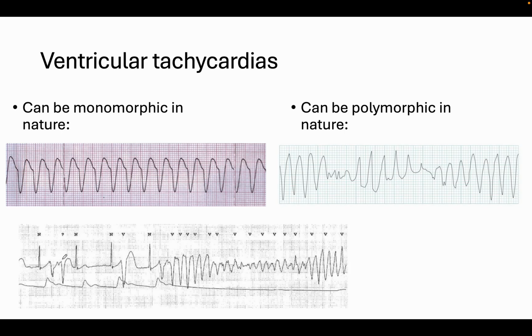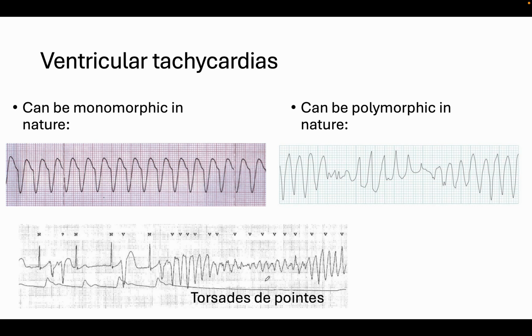In this specific example, we can see a sinus beat followed by two ectopics, which are a couplet, followed by a sinus beat, followed by an isolated V, followed by a sinus beat, and then you get this nasty run of polymorphic VT. This specific example is something called torsades de pointes, which is French for, I believe, turning of the peaks or something like that.